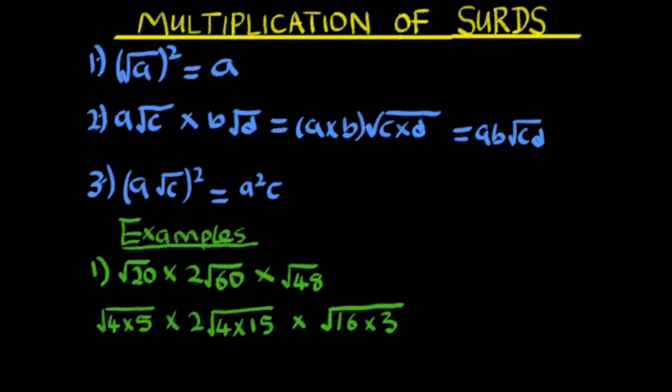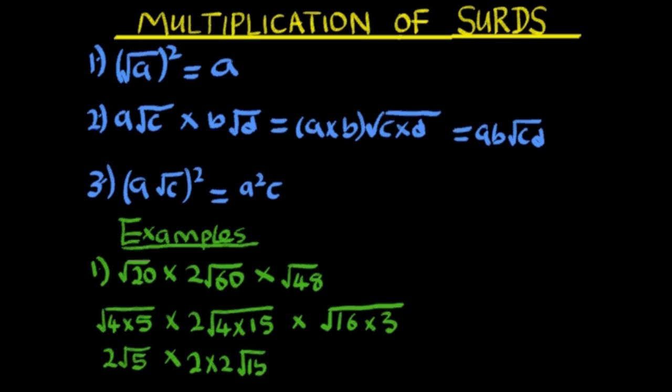Now let's take the roots. The root of 4 now gives us 2. The root of 5 we'll have to write as root 5, because the root of 5 is an irrational number and we cannot easily find the root. So there you have 2 root 5 multiplied by 2 times 2, and the root of 15 we write exactly the same way because that is an irrational number.